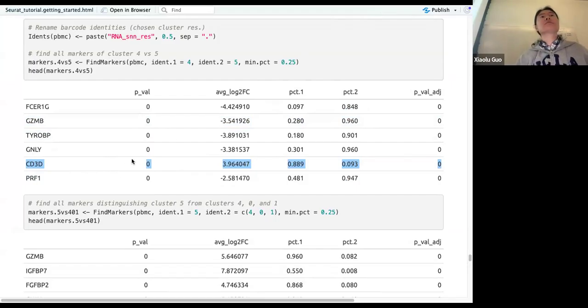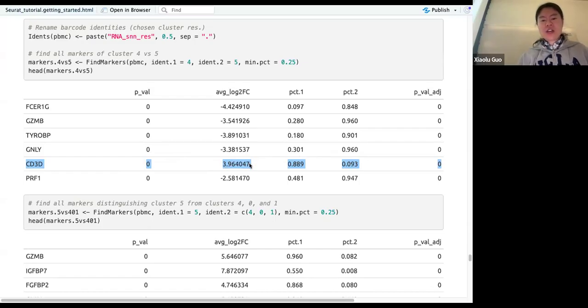This given gene is higher expressed in PCT1, PCT2, with the fold change being positive. So this line means that the CD3D gene is significantly higher in the first cluster compared to the second cluster.